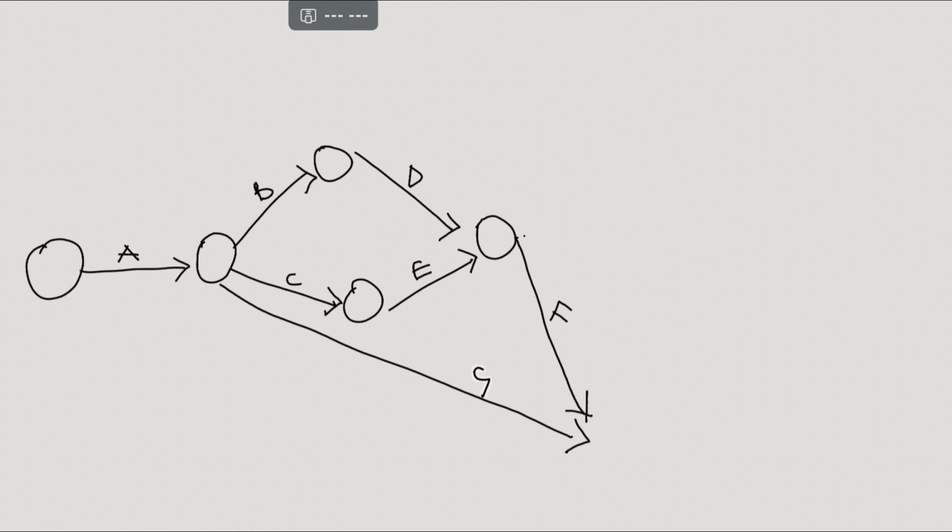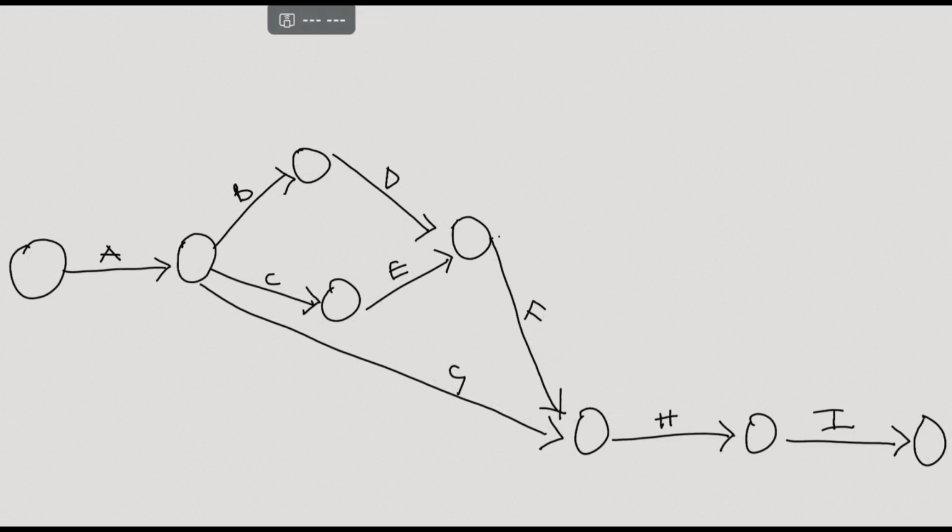G. A. This is H, and this is I, and that's the finish. And then we have your network diagram.